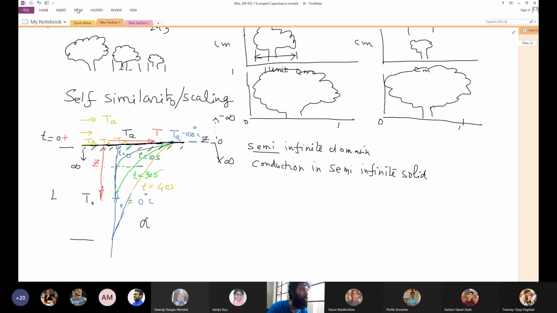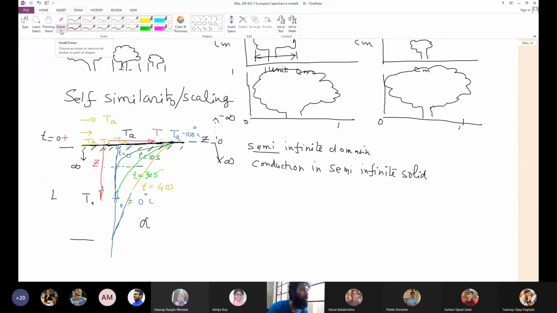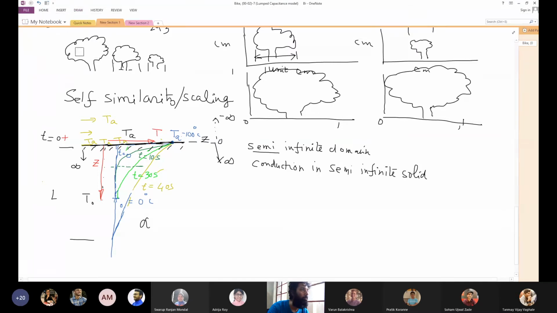Or let us call it characteristic length, Z characteristic. See, this is dependent on time, right? So the temperature profile goes till a certain distance depending on time, and the longer you wait, it will penetrate more and more.